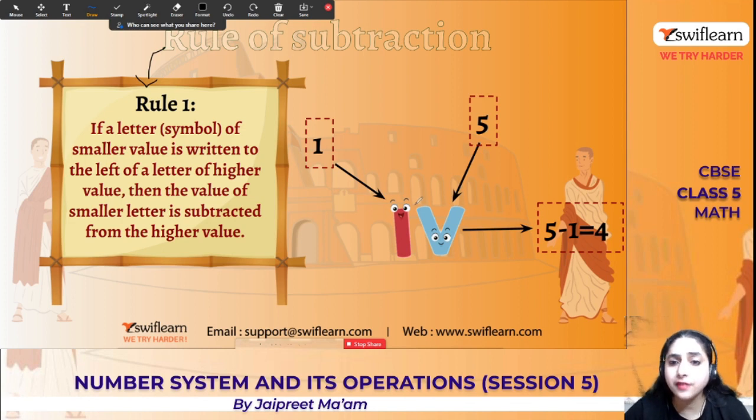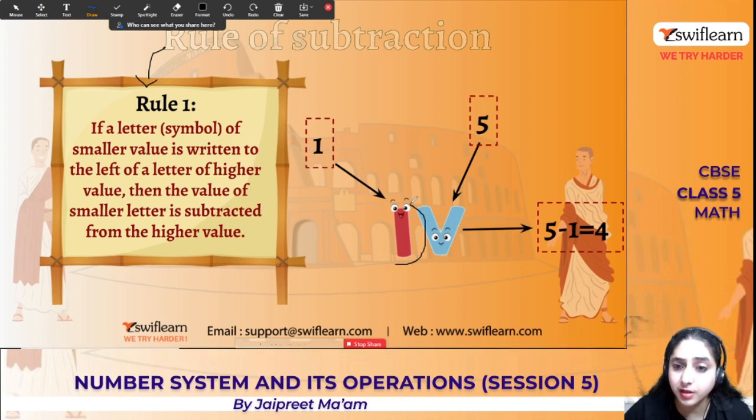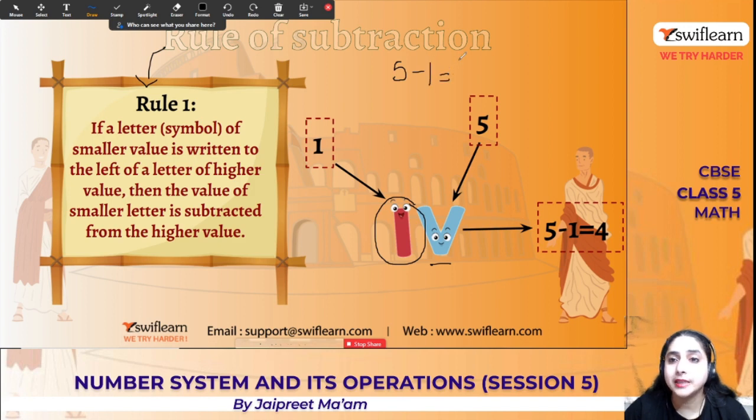It means if the smaller value is written first and after that the higher value is written, you have to subtract 5 minus 1, that is 4.